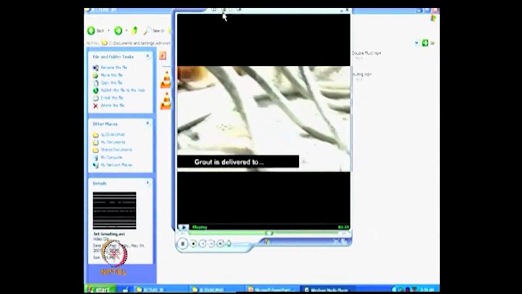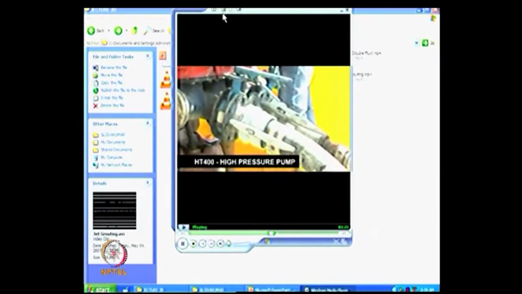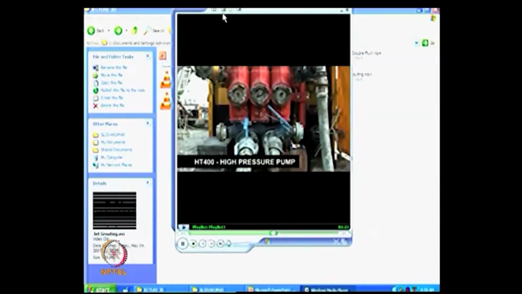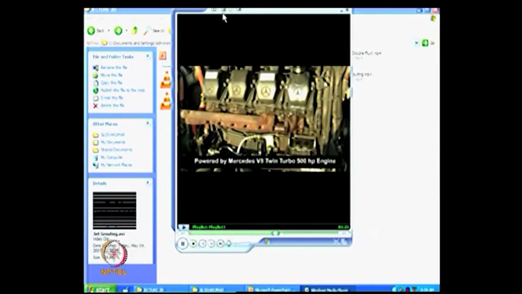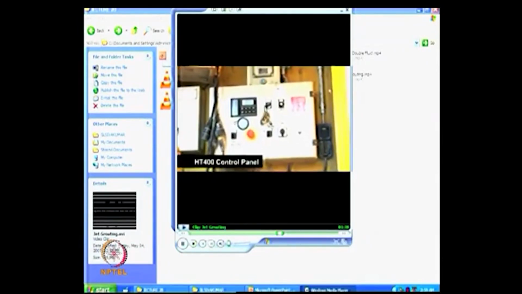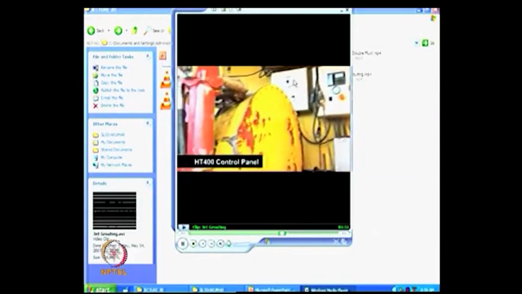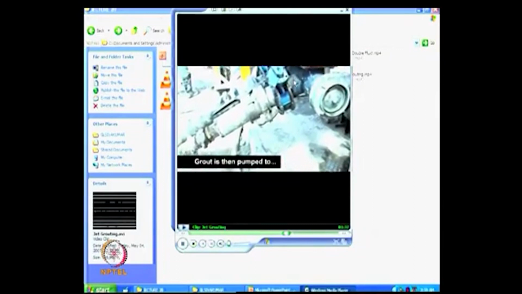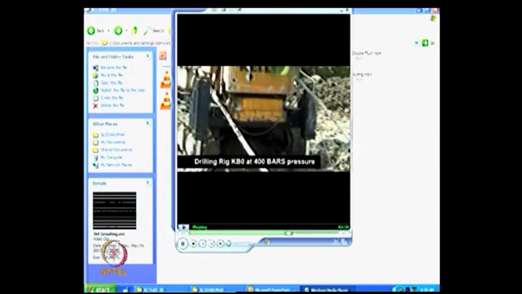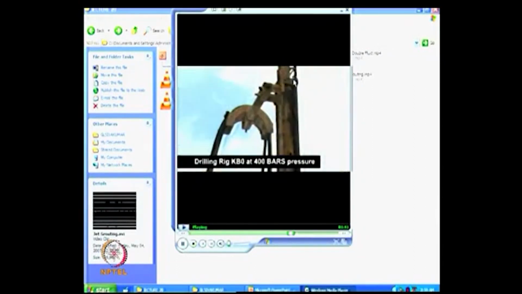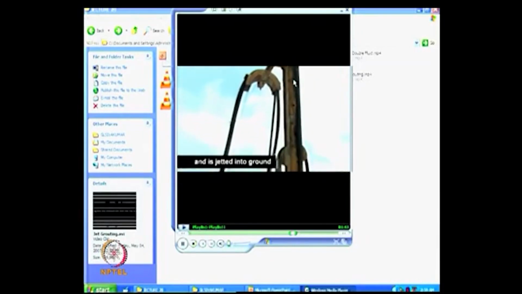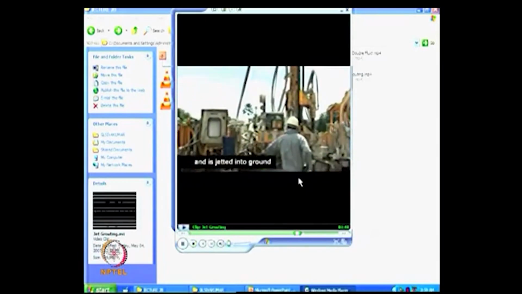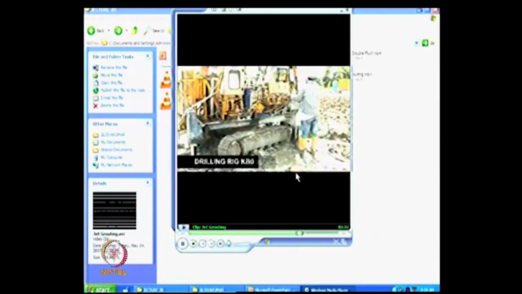The grout is delivered in the pipes, then there is a high pressure pump to control the pressures. You have a control panel and all that. Grout is then pumped to the rig. Allowed to go into the ground.